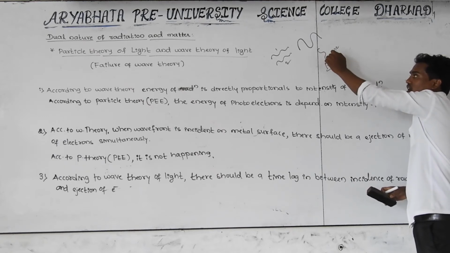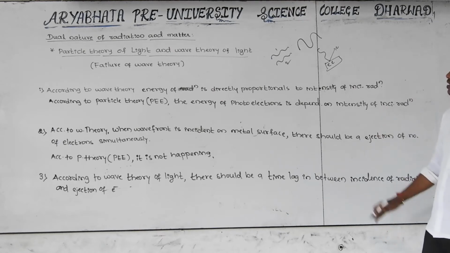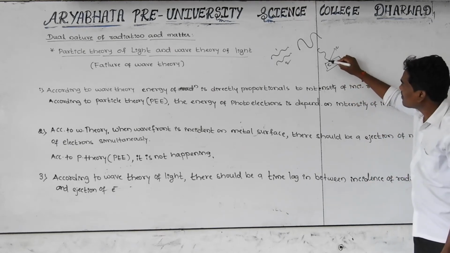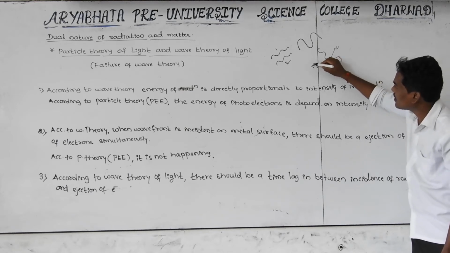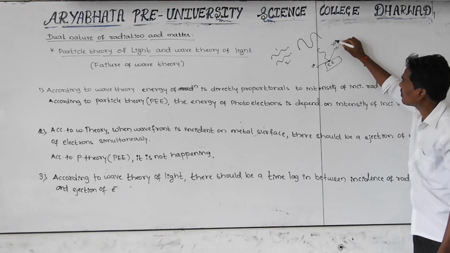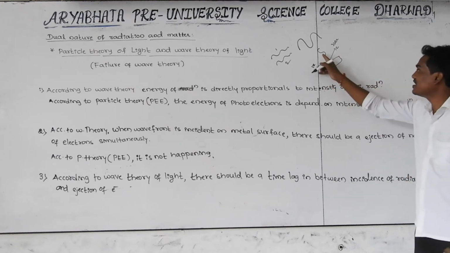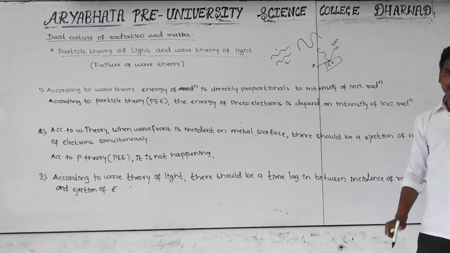And between this incidence and this ejection of the electron, there is a time difference. For example, the time instant at which this radiation is incident on the metal surface is 1 second, and the electron comes out of the metal surface at 3 seconds. What is the time difference between incidence and ejection of the electron? That is 3 minus 1, which is 2 seconds.